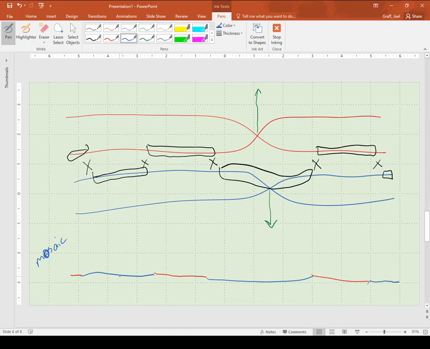The thing is, if we have 2 genes located right here and right here, they end up staying together, and the counterpart would be right here and right here. Those 2 genes would end up staying together because they're close. That means they are genetically linked.